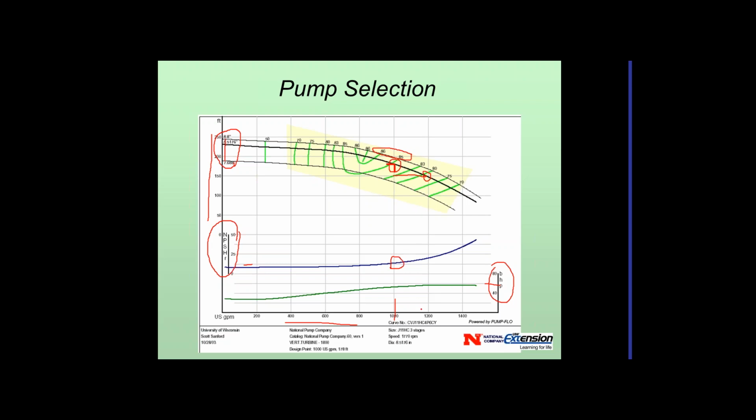So it's going to operate almost at 1,200 gallons a minute. So that's one of the issues we have to contend with. If we drop our pressure, our horsepower went up in this case, and more importantly, the net positive suction head requirement went up too. So that pump is going to have to be covered by more water to work properly without cavitating.